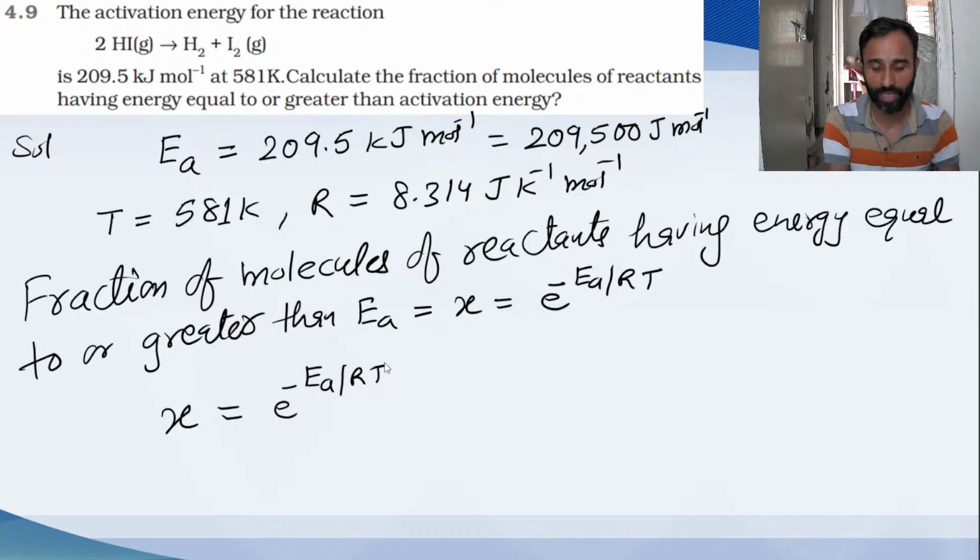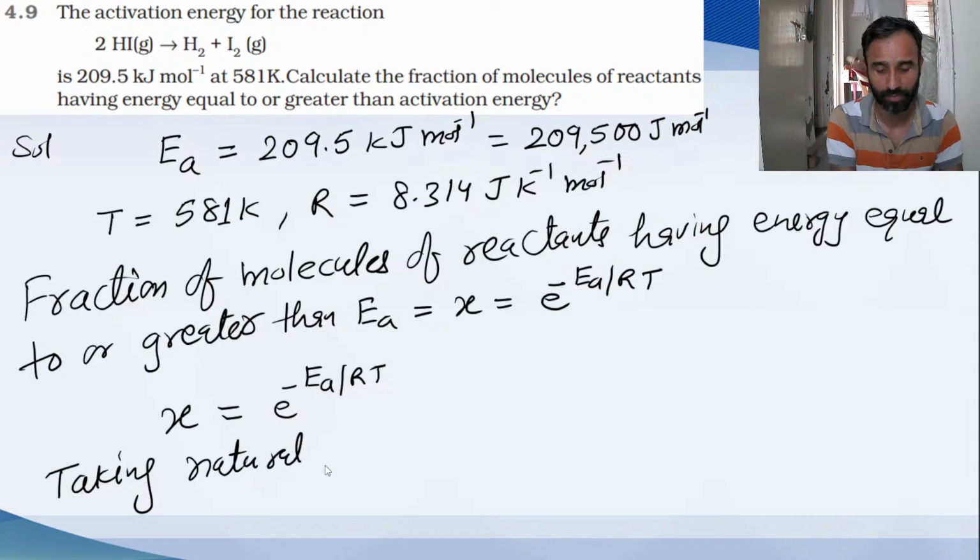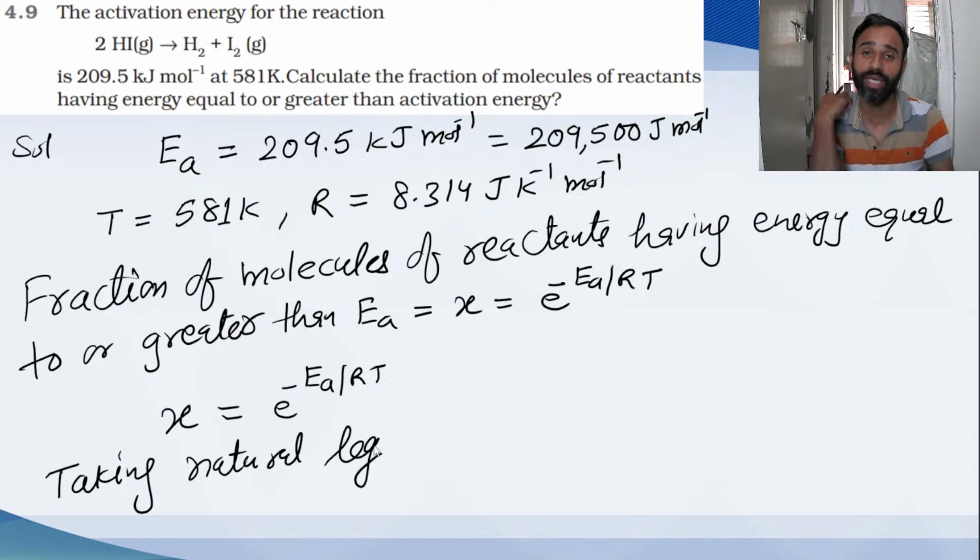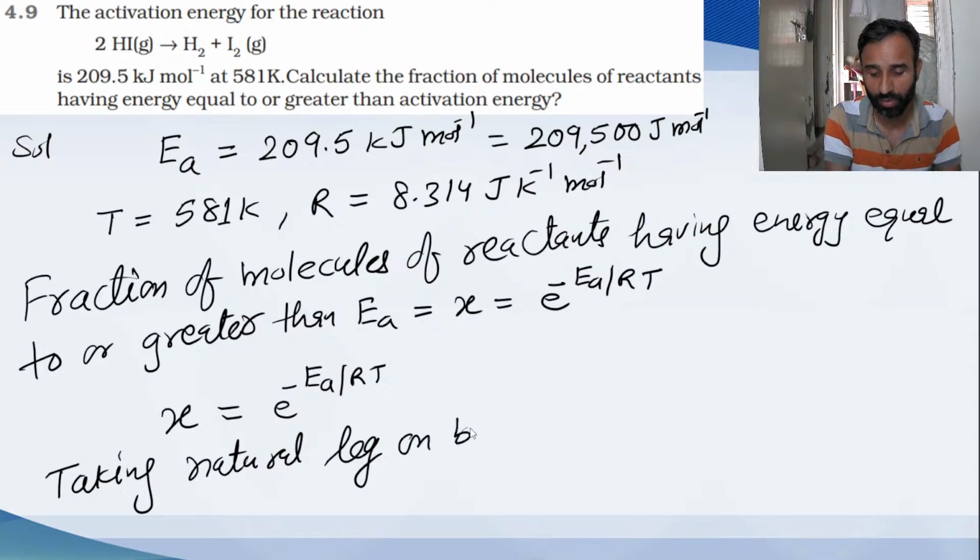So taking natural log on both sides, because base E is of natural log, natural log of X is equal to minus EA upon RT.